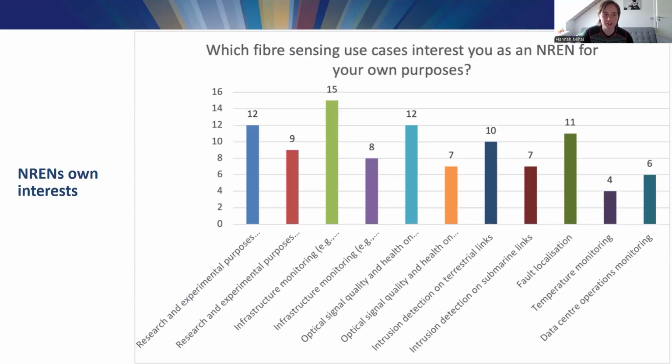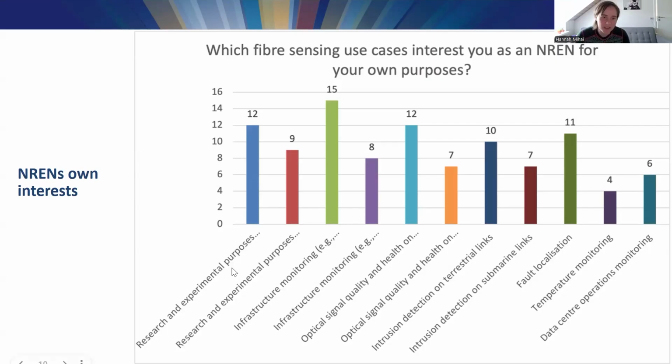For example, when we're starting to look at what NRENs are interested in when it's about their own benefit and their own purposes, what you see here is the number of respondents on the one axis and the questions that we had on the other axis. It's always first terrestrial, so fiber sensing for terrestrial purposes, and then the same question for submarine purposes all the way through.